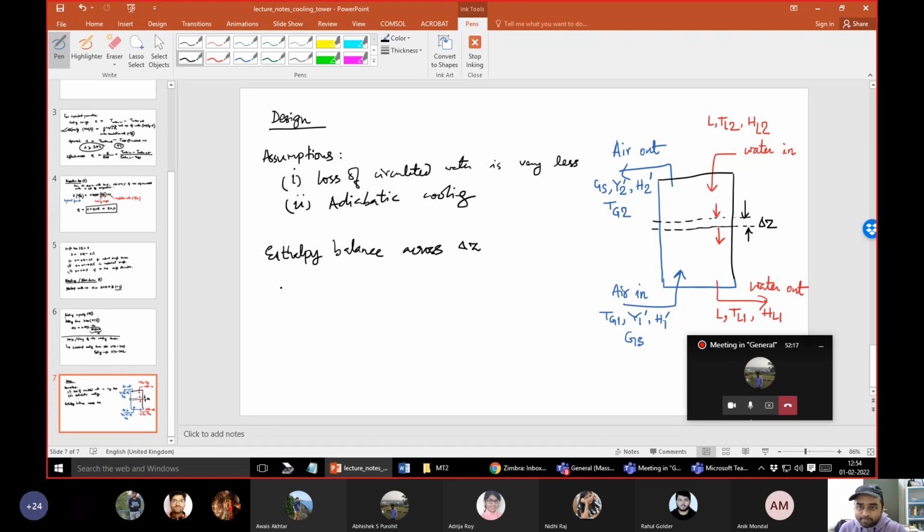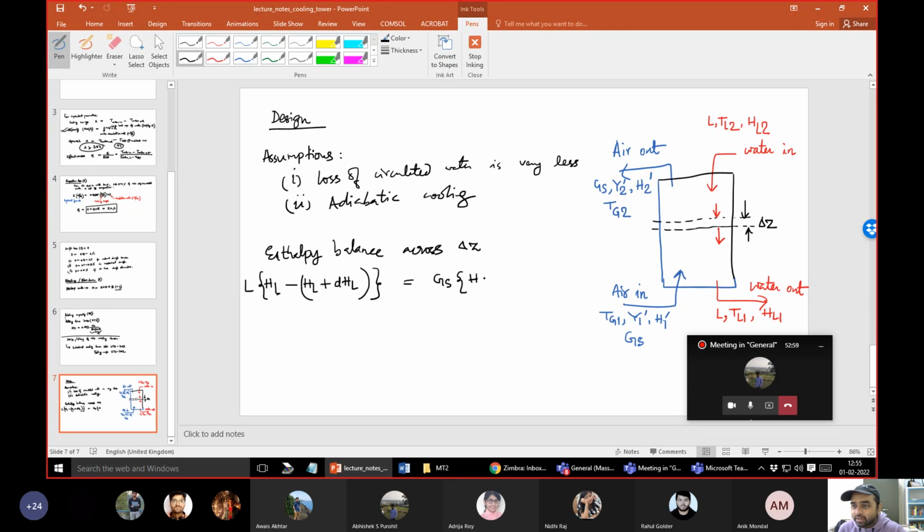So the enthalpy change across delta Z, let us say HL minus HL, and similarly for the gas, the entire thing multiplied with L, and here also GS.